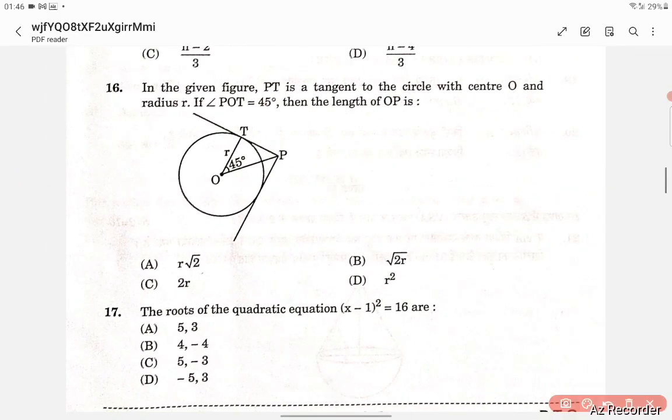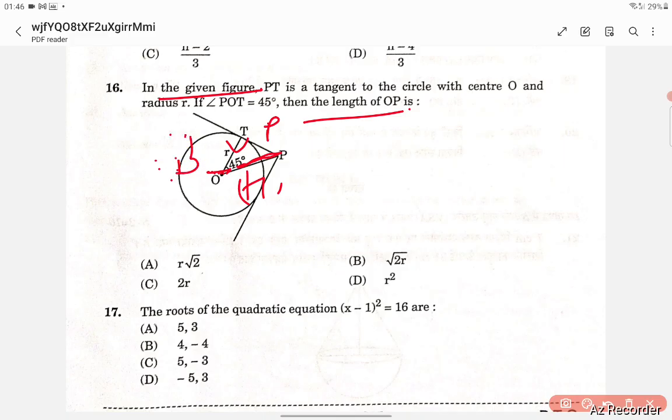Okay, so in the given figure we are supposed to find the length of OP. Again this is the 90 degrees, so this is hypotenuse, and this is perpendicular, and this is radius.